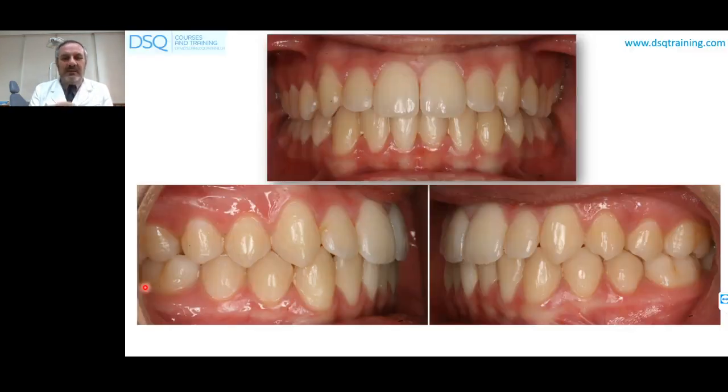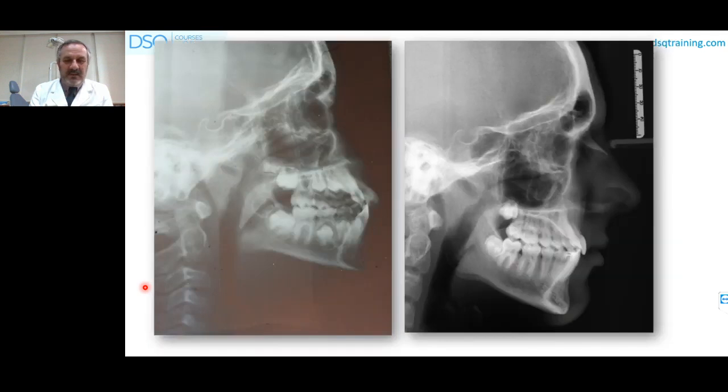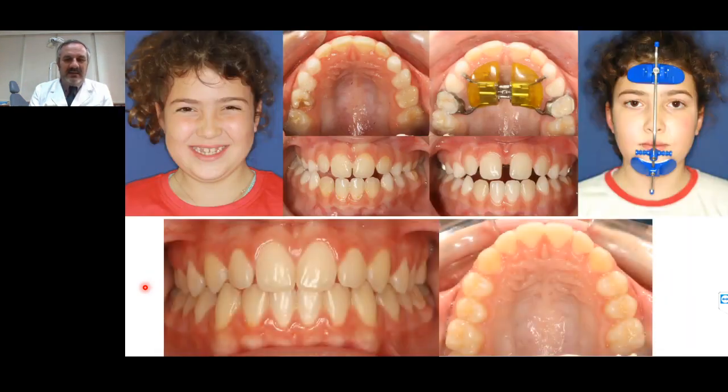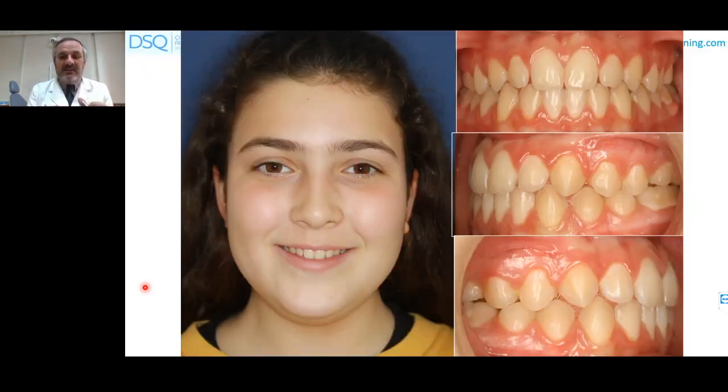Thanks to the orthodontist, it's possible to expand the arches, and you can see the patient years after the treatment. In other cases, we expand the arches, it's not alignment, it's spanning the arches, thanks to the use of rapid maxillary expansion, in this case in the early treatment.